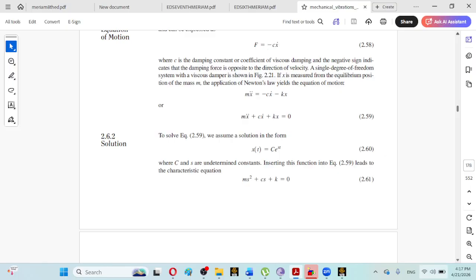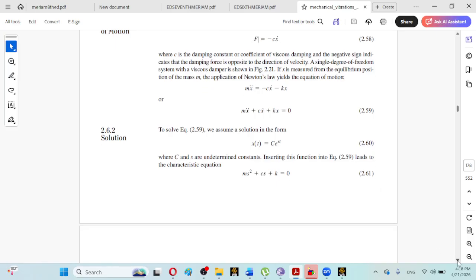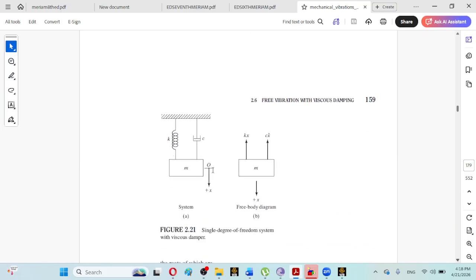Like the restoring force, as we are familiar, the restoring force for the spring is F is equal to minus kx, where the minus sign shows that the direction of this force is towards the equilibrium, towards this reference point O. Because x is positive downwards, the negative sign shows the direction of the restoring force.